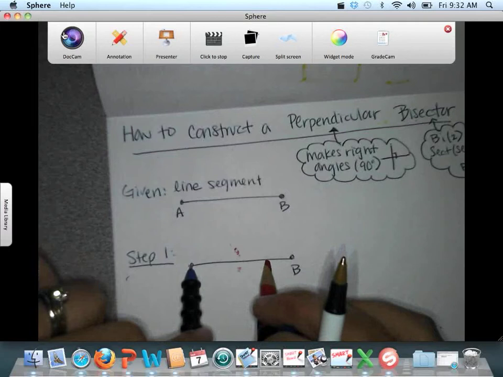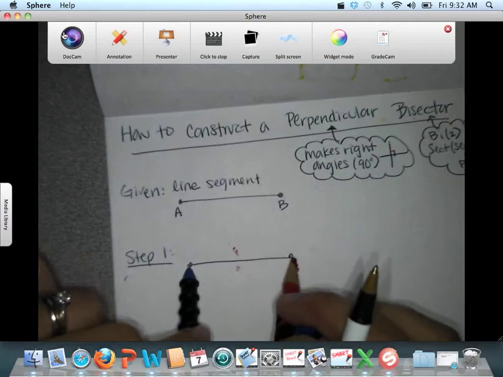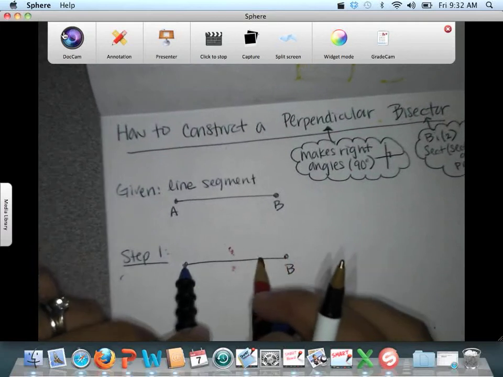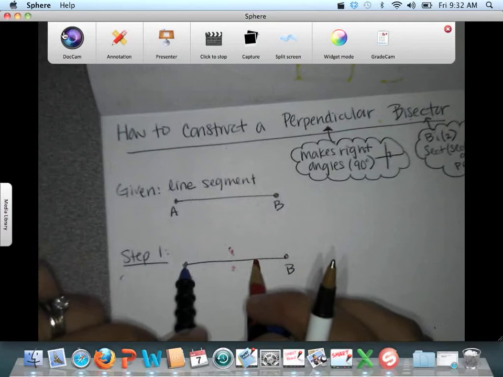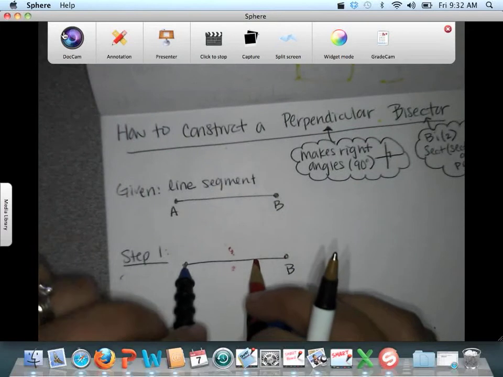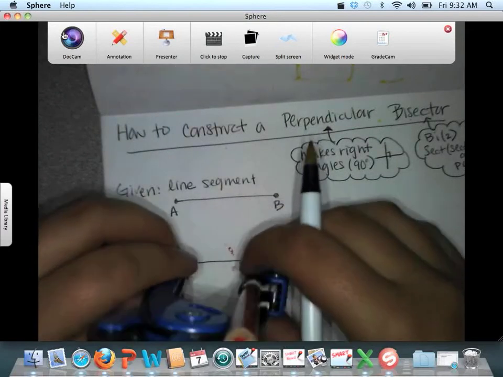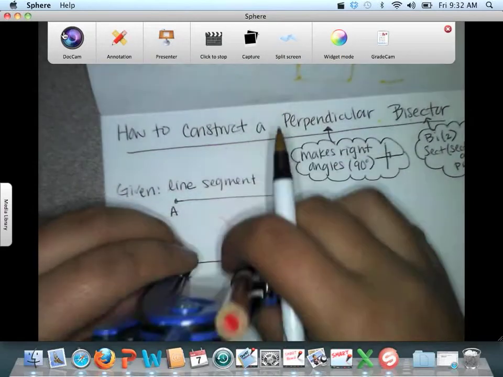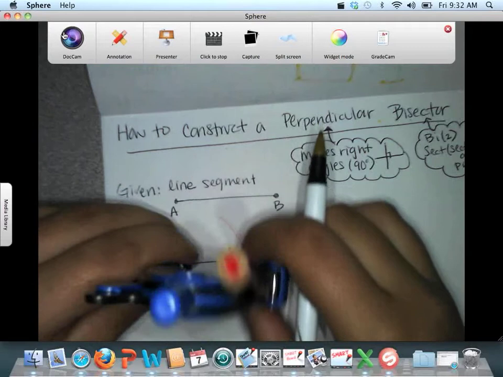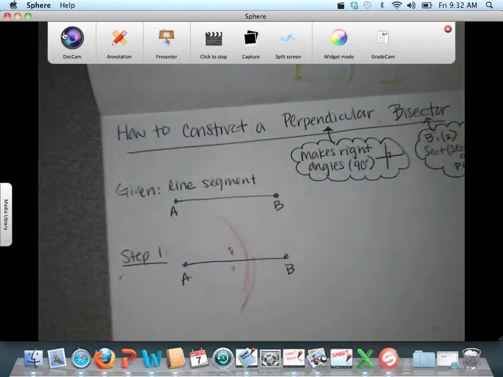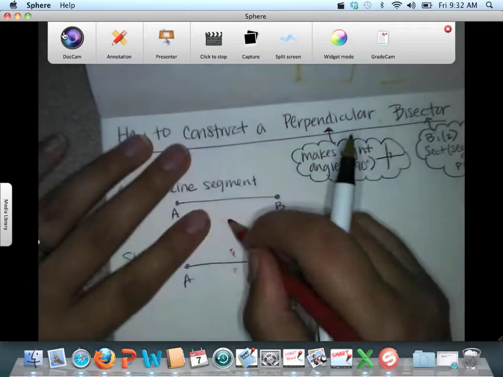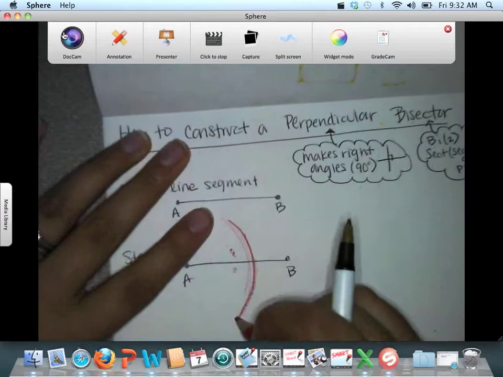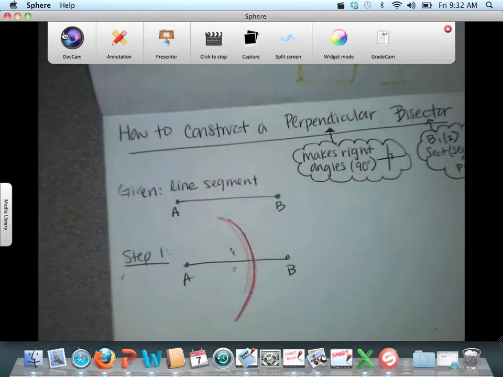Let me show you, see? It's not half, it's not all the way, it's about 3/4. So open your compass about 3/4, and then you just draw the arc really big. My thing is moving, it's kind of messy, but we'll make it clear. So you draw a really big arc.